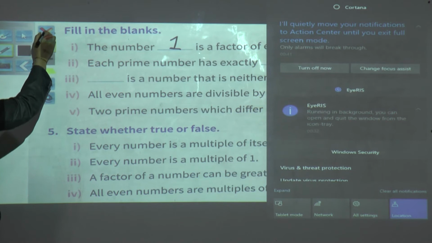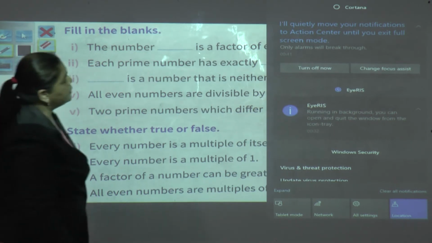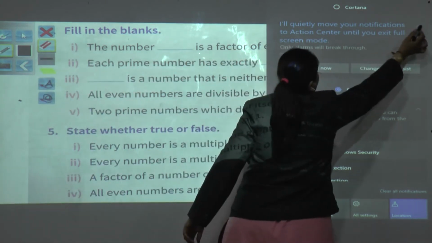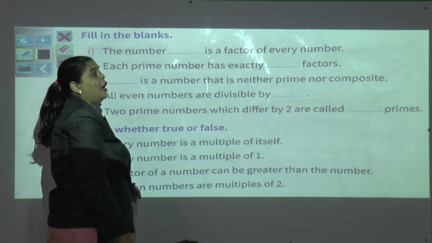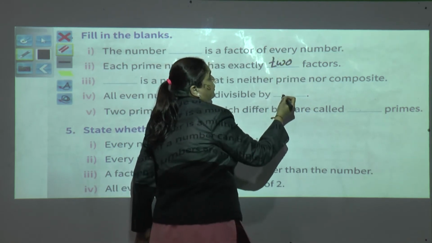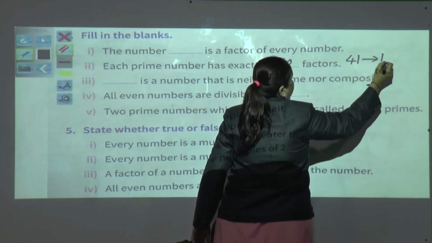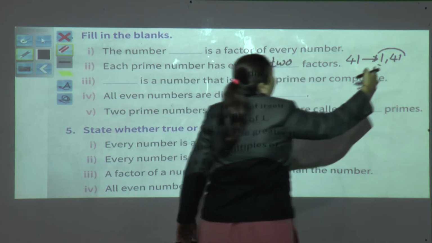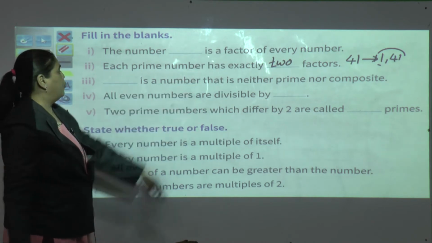So prime numbers have exactly how many factors? 2 factors, for any prime number. Suppose we take 41. The factors of 41 are 1 and 41. So how many factors do we have? We have 2 factors. So we can say prime numbers have exactly 2 factors.